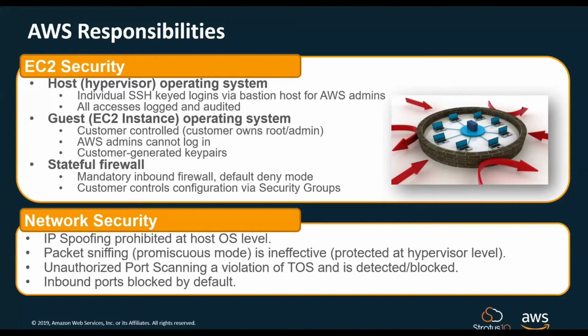But there are actual physical firewalls, and AWS is responsible for the security of those devices. And then things around network security, around IP spoofing, packet sniffing, and scanning of those ports, etc. AWS continuously monitors traffic into those.